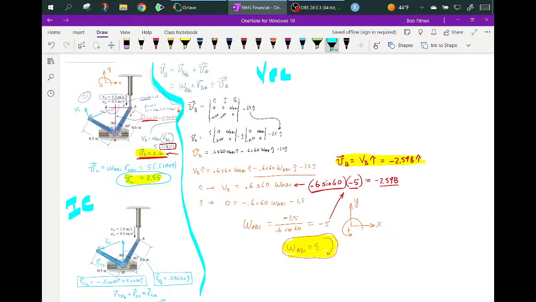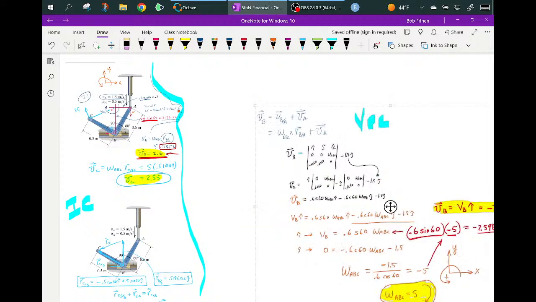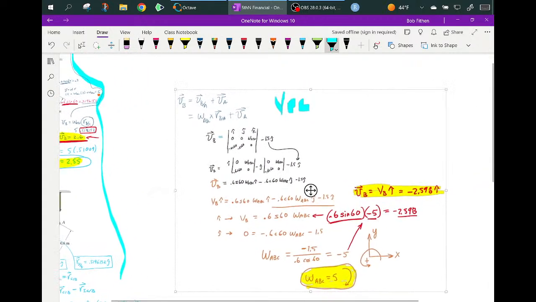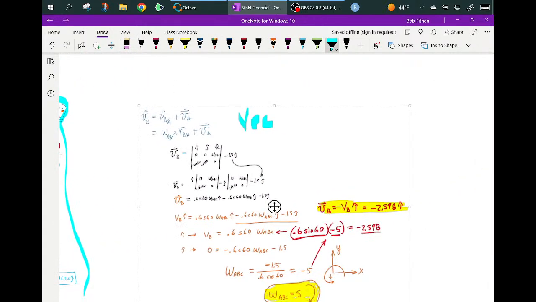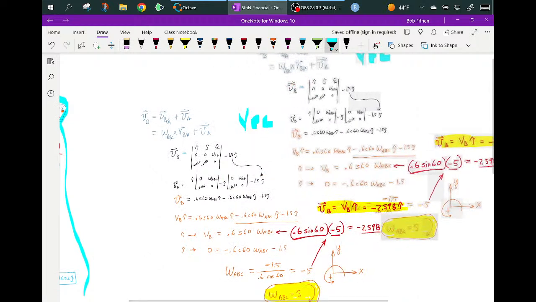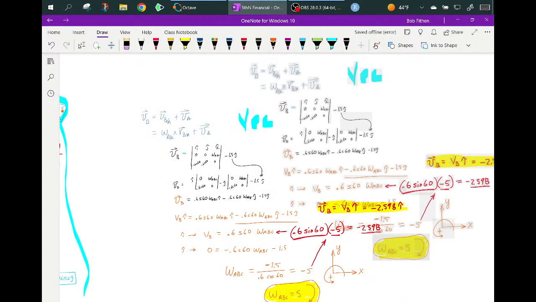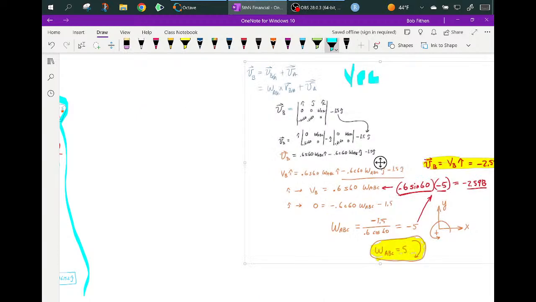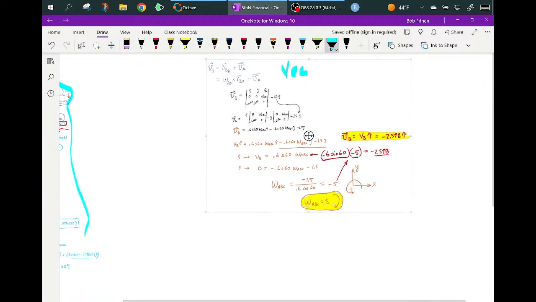So now what I'm going to do is use the magic of this media to move it out of the way to make room over here, to be close to that part of the problem.